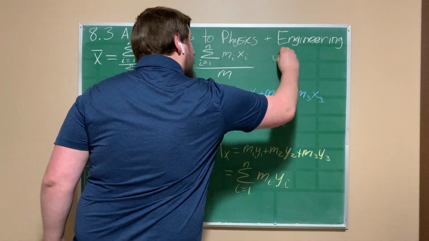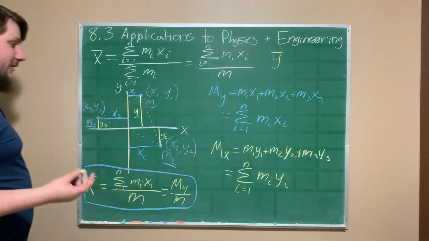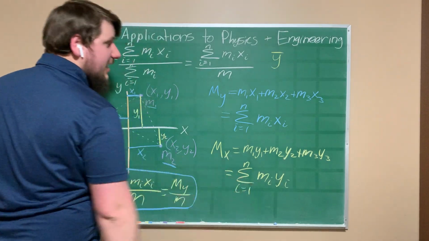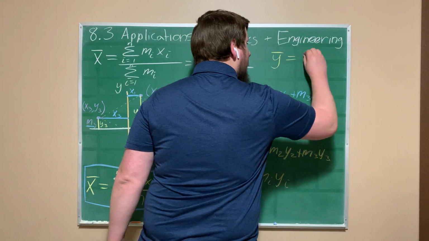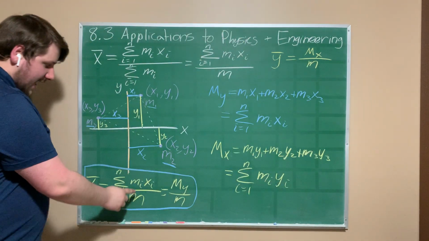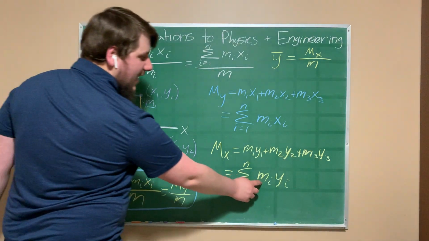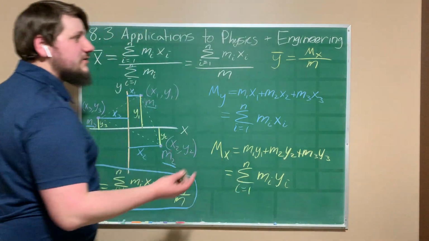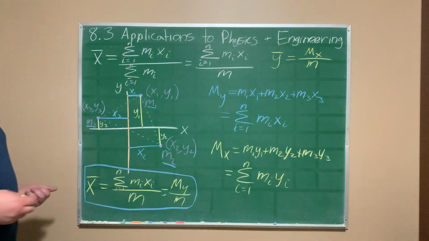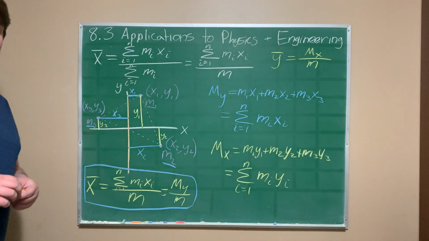The y bar, the y-coordinate of the centroid, can be found by taking the moment with respect to x and dividing by M. So again, add up all of your moments with respect to each of the y values, and then divide by the total mass in the system to find your y bar.